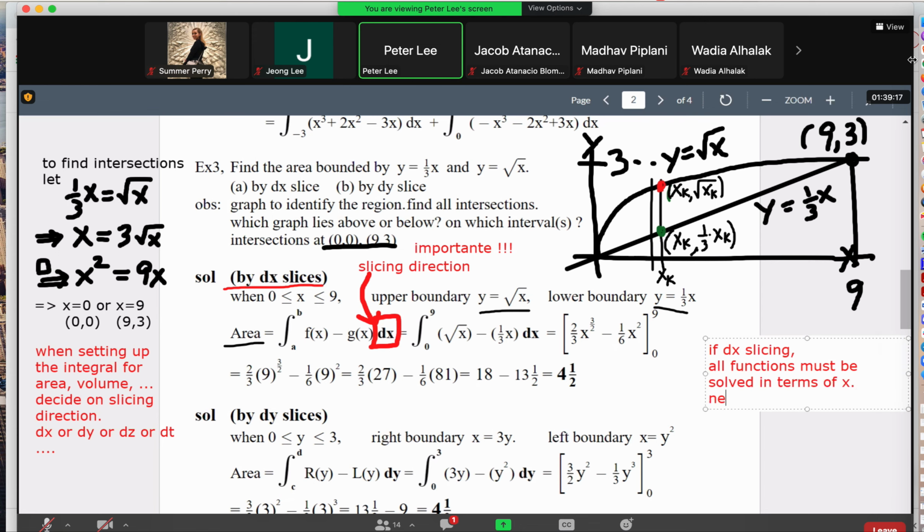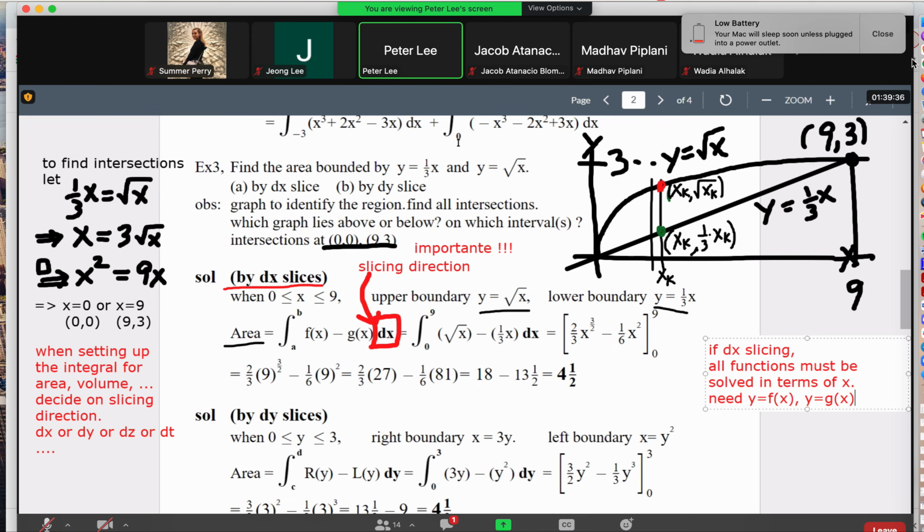That means we need y equals f of x and y equals g of x. That's the form we need. So all the boundary functions must be written in the form y equals f of x and y equals g of x, so that everything is solved in terms of x.